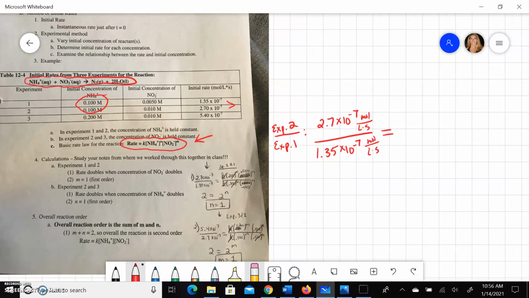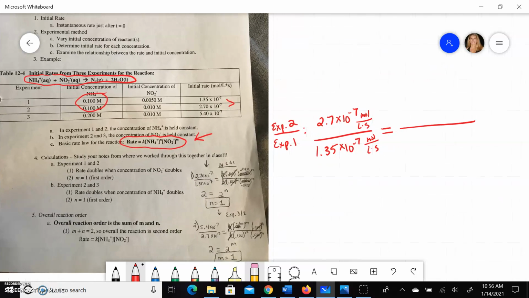Okay, and then rate is equal to K, so for both of these we're going to have a lowercase k, times the concentration of the first thing raised to N, and then times the concentration of the second thing raised to the M. So you have to be real careful, make sure you keep your experiments straight. So on the top of our fraction we have experiment 2. This first one we're going to put as NH4 plus, and the second one is going to be NO2 minus.